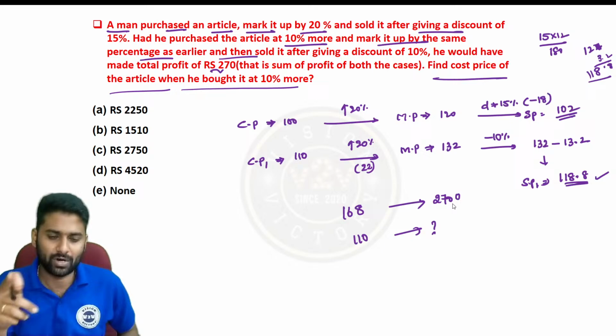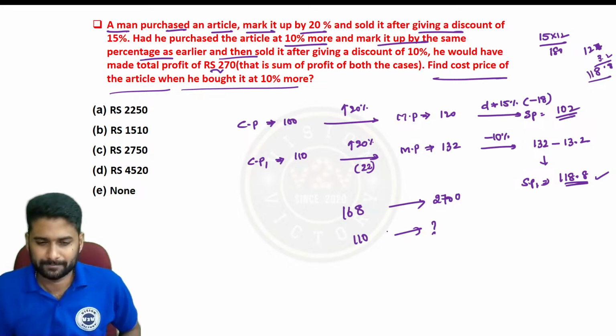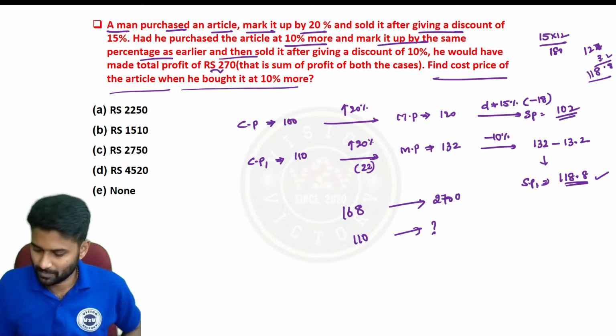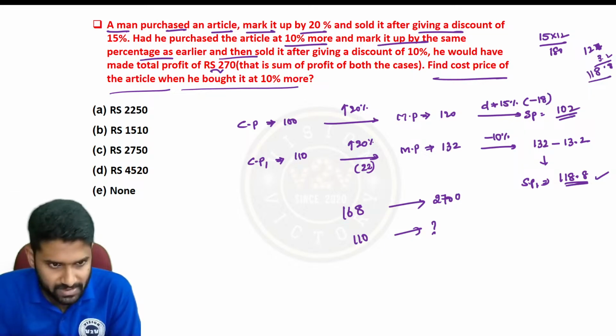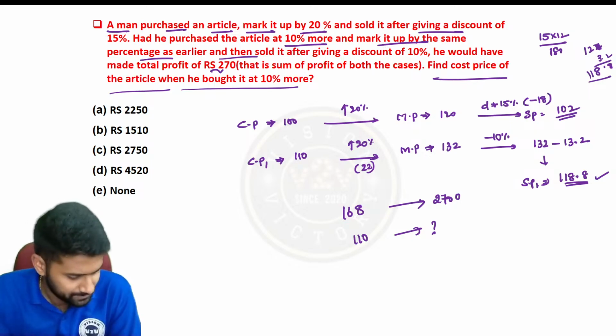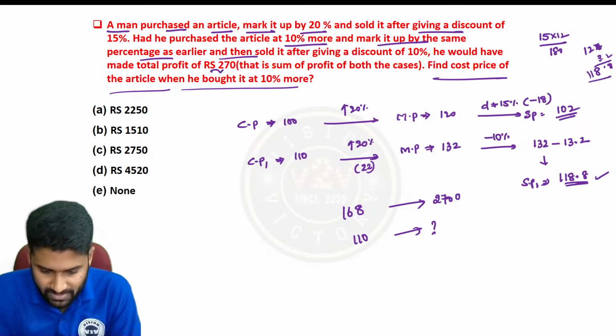We are taking 10 to the other side. Hope it's clear, guys. Let's just check it out. Overall calculation once again. Everyone just comment your answers also. I will check your comments.